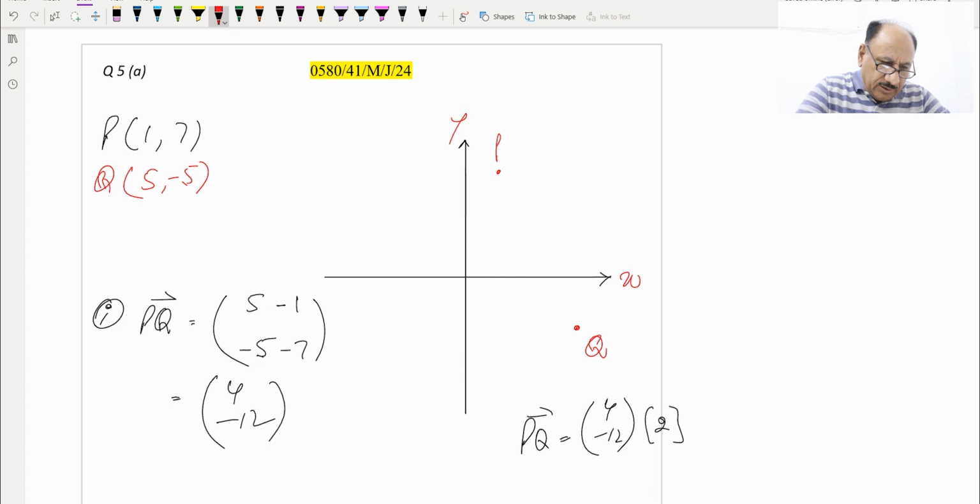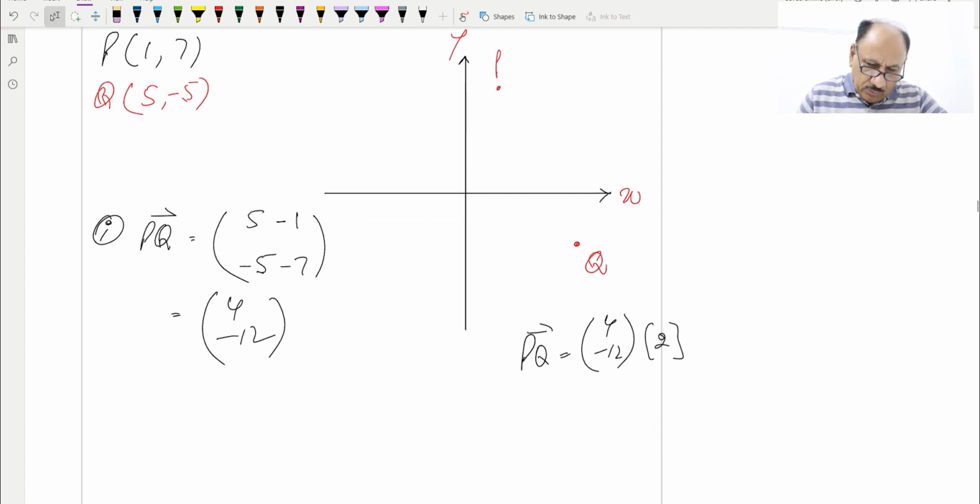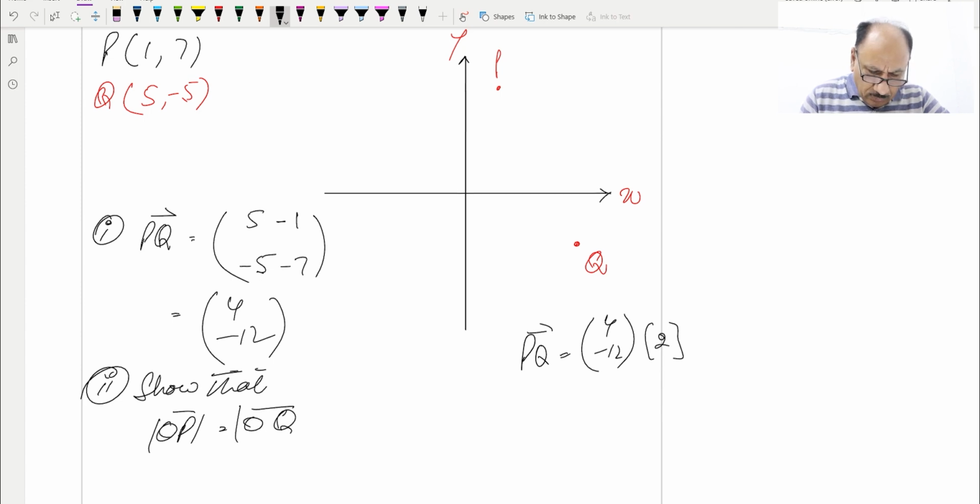Now the second part they are asking us to do is show that mod OP is equal to mod OQ. This is what we need to show. So we can find mod OP. If I draw OP for you, OP will be this one.